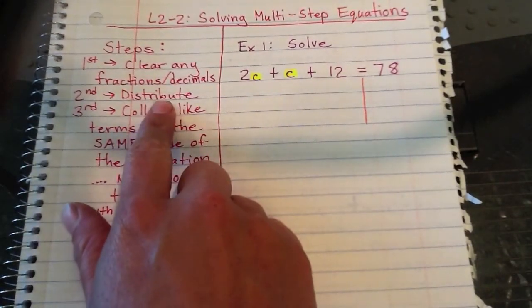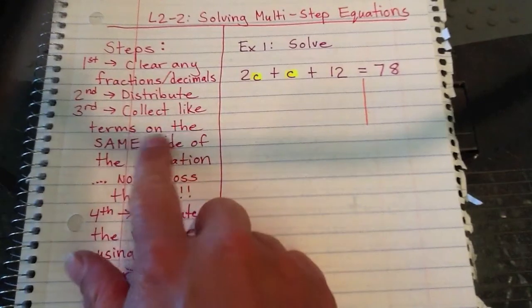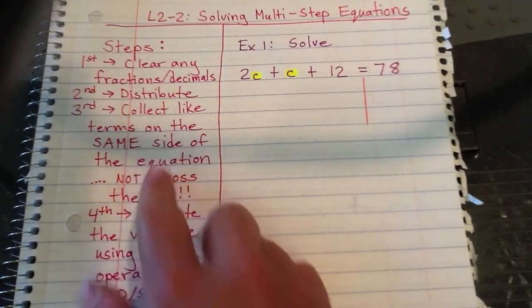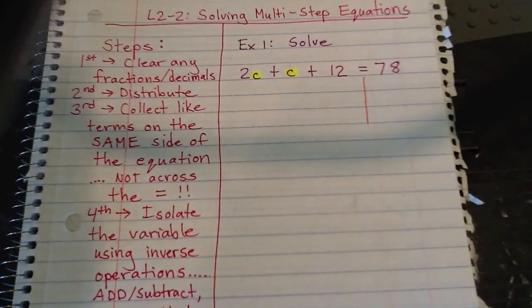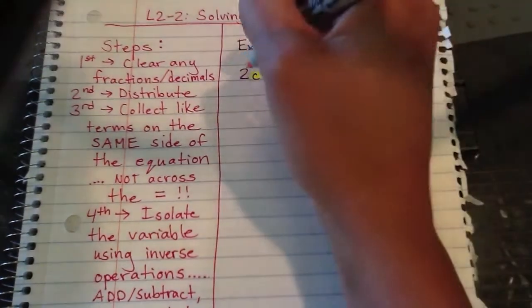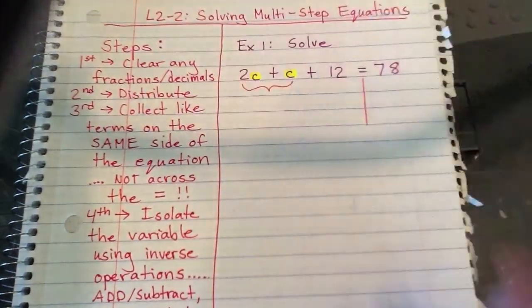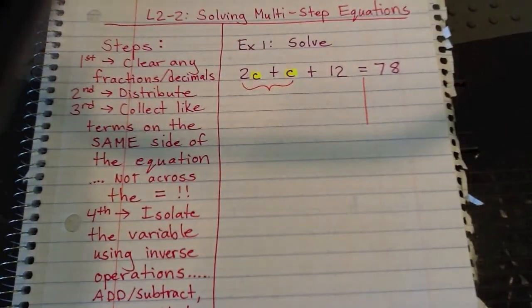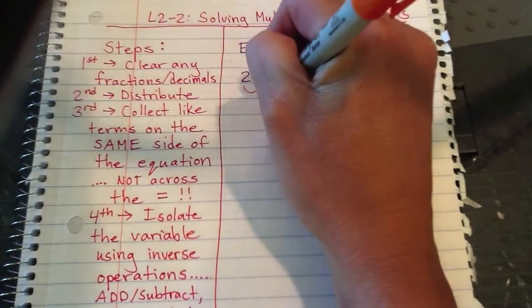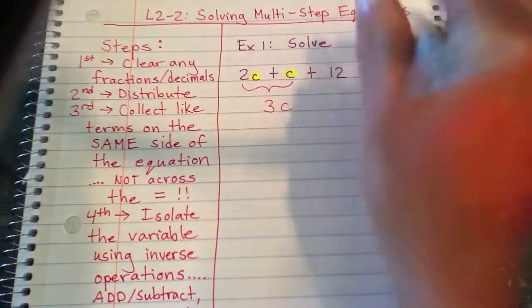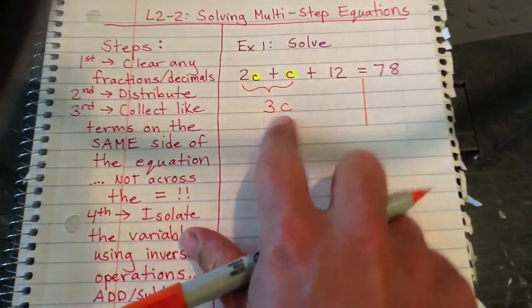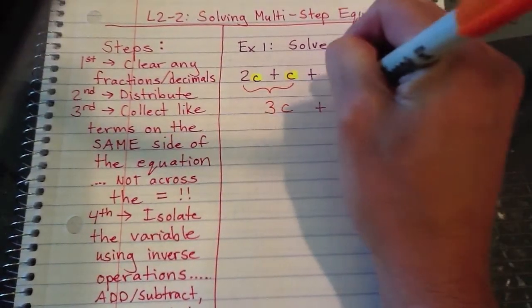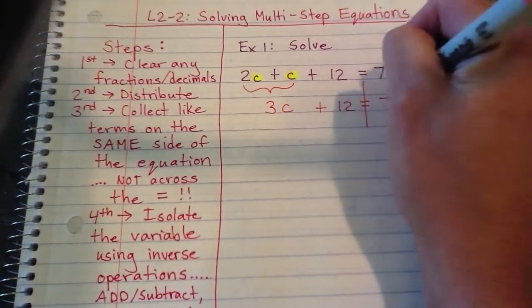I have nothing to distribute, but I do have like terms that I need to collect. So I'm going to start there. They're on the same side of the equation. 2c plus 1c is 3c. Remember, that's a 1 there, and you add your coefficient, so 2 plus 1 is 3. 3c plus 12 equals 78.